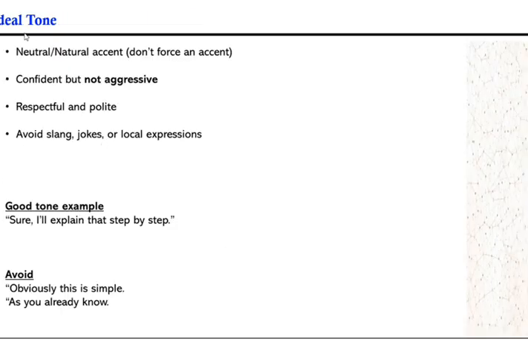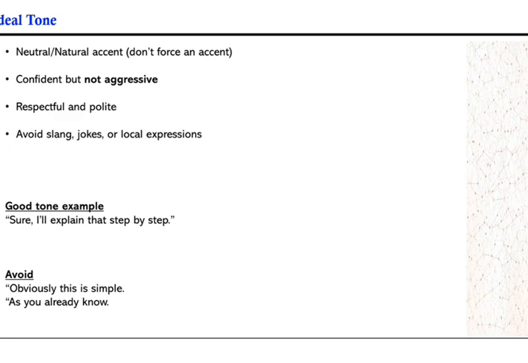Your tone should be ideal, neutral or a natural accent. Because interviewers don't check your English or accent, but they check your capabilities, your technicalities, and your skills. So your tone should be natural or neutral, confident but not aggressive, respectable and polite.